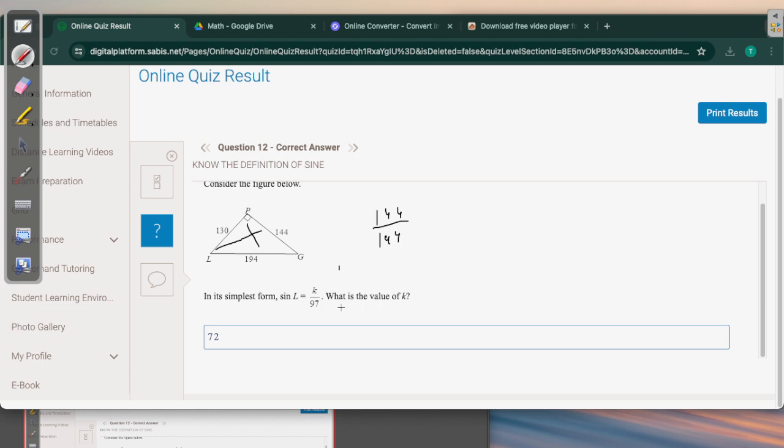And so they simplified it to 97. Now, what do you do to 194 to get to 97? So you divide by 2, right? So to get to 97, it's a division of 2. So you divide 144 by 2 at the same time. So this would give you 72. So this is sine of L. That's your answer. 72 would be your answer.